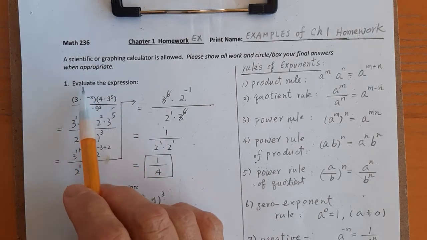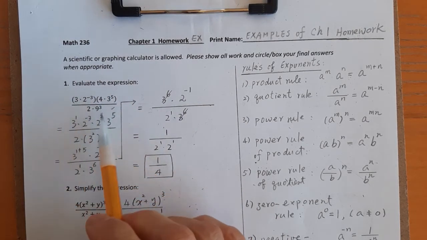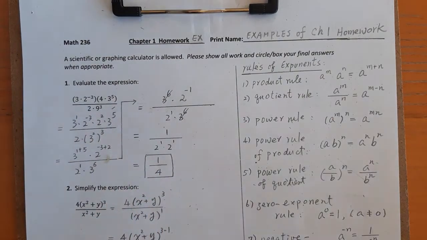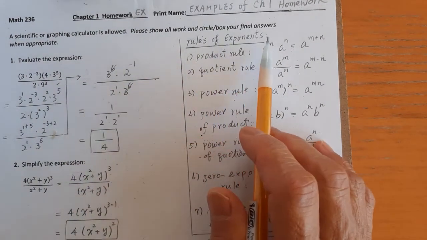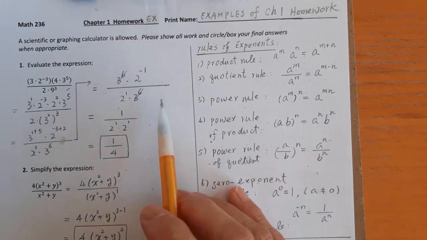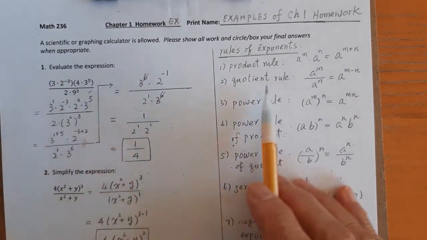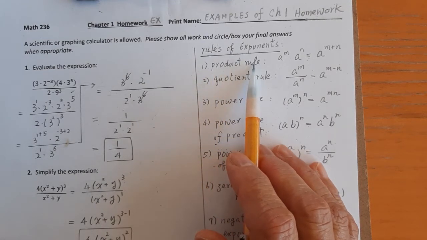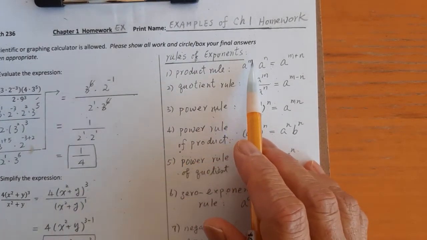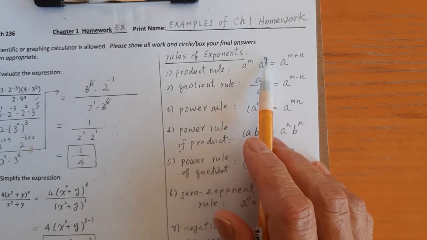First question, evaluate the expression. For this first question, we are going to use the rules of exponents to simplify. The first rule we call the product rule: a to the power m times a to the power n.